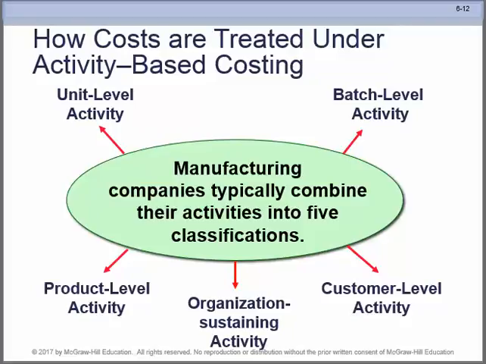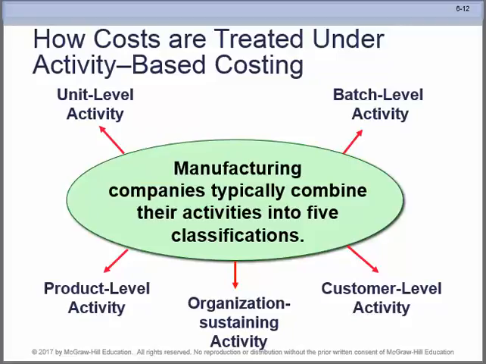We have unit level activities, and these are performed every time a unit is produced. So back to our idea of sending out invoices, putting them in an envelope, what would have to be done every time an invoice was produced? Well, we'd have to maybe fold the paper, or seal the envelope, or print it through the printer.